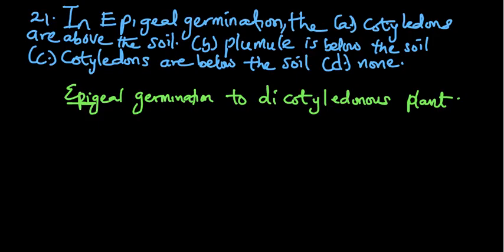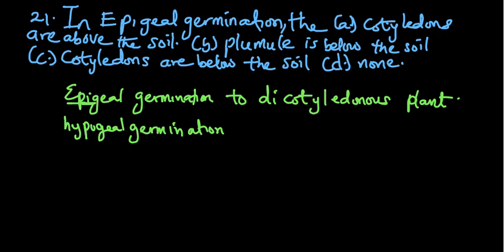So we have two types of germination. We have epigeal and we have hypogeal germination. So hypogeal is common to monocotyledonous plants. So you should know that. So in epigeal germination, A, the cotyledons are above the soil. B, plumule is below the soil. C, cotyledons are below the soil.